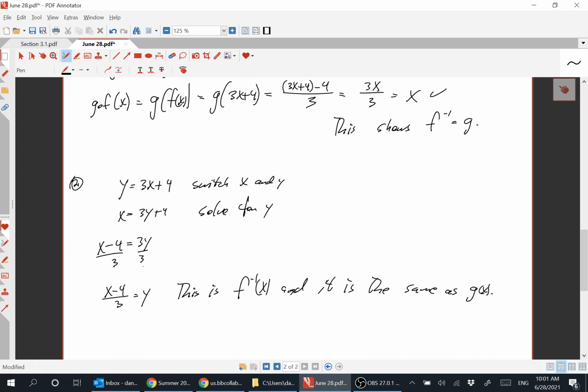That's super important. If you're going on in mathematics to a calculus subject or a statistics subject or something like that, composition of functions must be understood. It's super important.